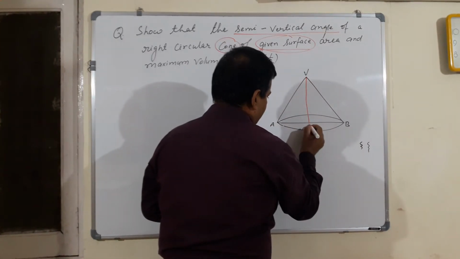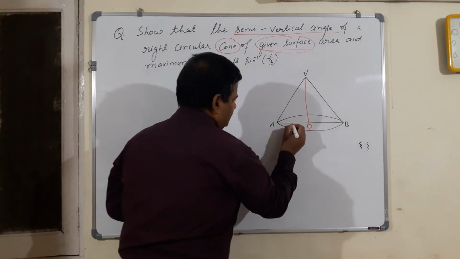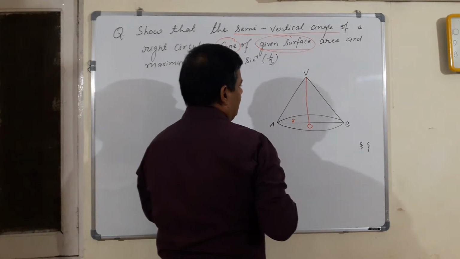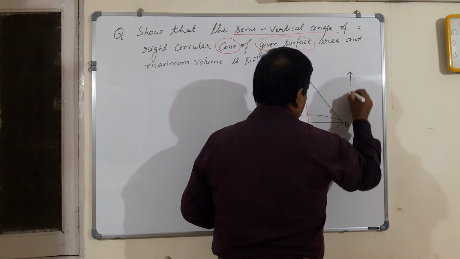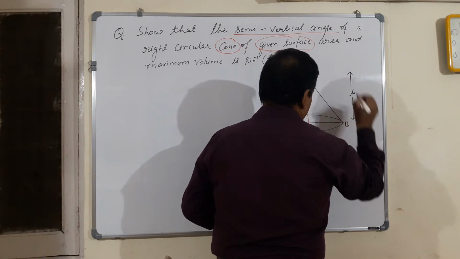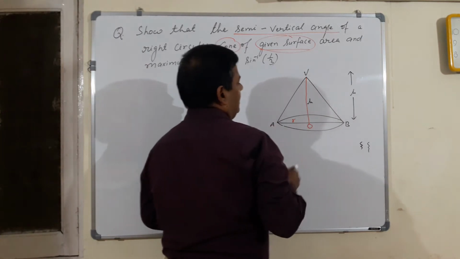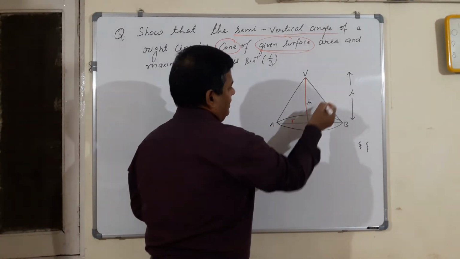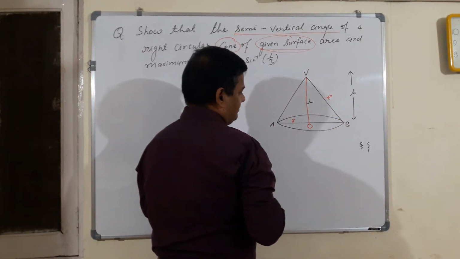This is the center, suppose O, and this is the radius R. R is the radius, the height of the cone is H, and L is the slant height.